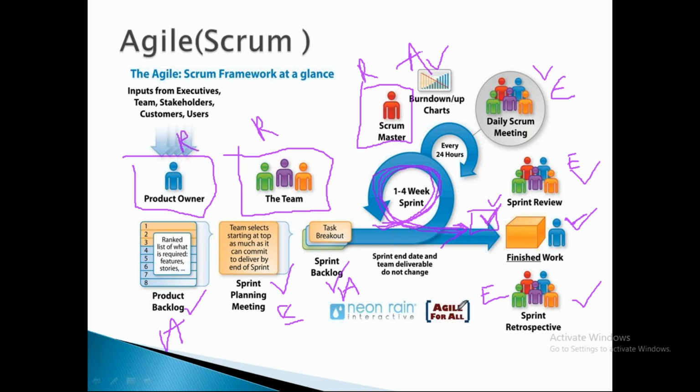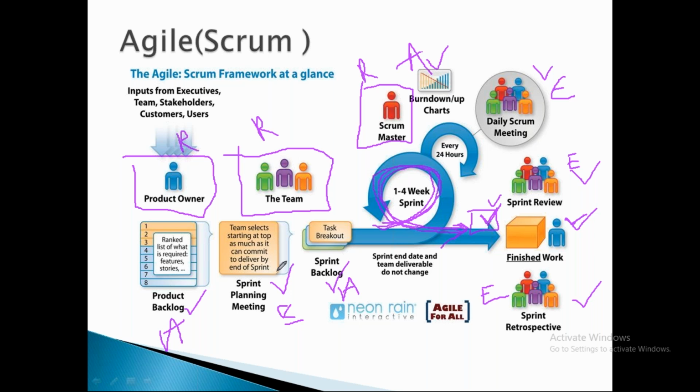Understood how this process is going? Generally, we are taking the requirement, understanding it, writing the test cases, and once the application is ready, we are testing it. But here, it is going very fast.